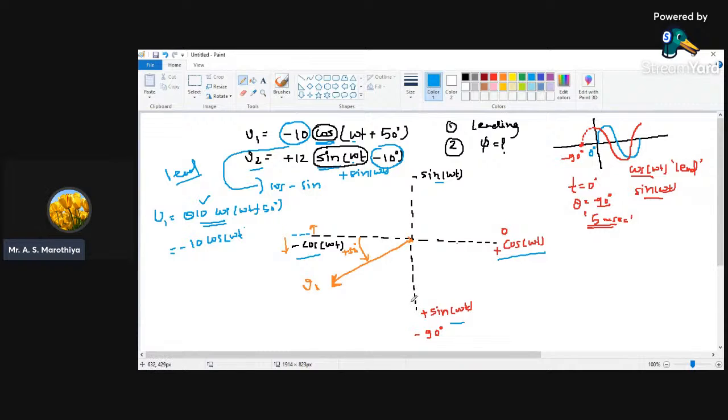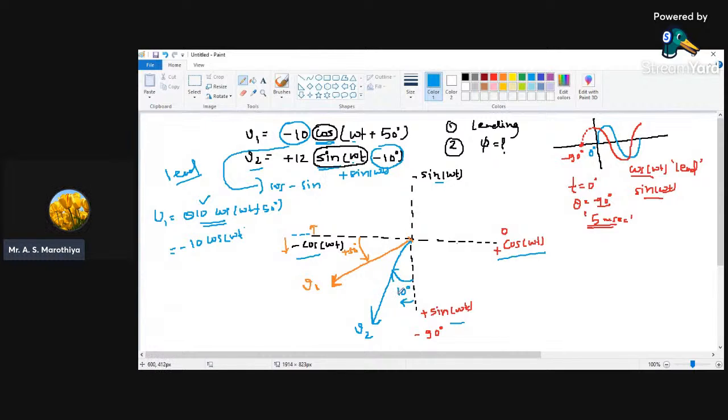So in the clockwise sense, we need to indicate minus 10 degree. So somewhere over here, we have the voltage V2, which is going to lag the reference axis of plus sine omega t by an angle of 10 degree.